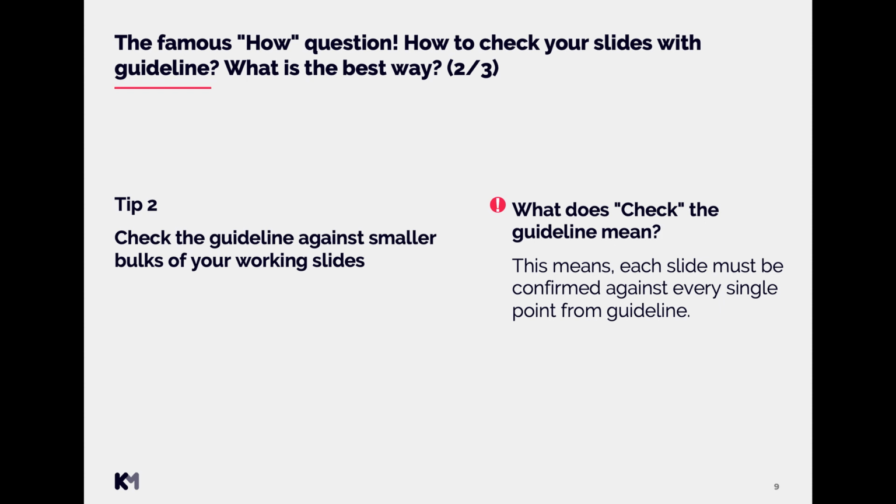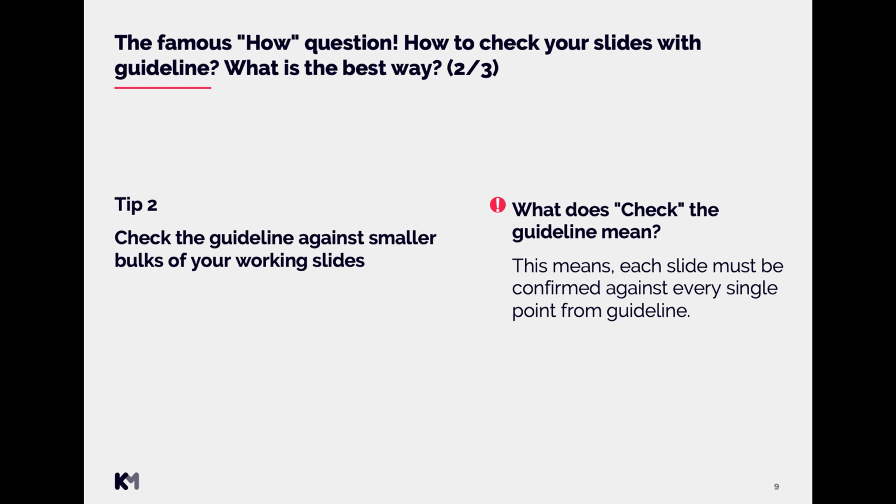And the second tip is to check the guideline per smaller bulk of your working slides. What it means is that you need to check the guideline every 2 to 3 slides you have worked on. Checking the guideline means each slide element must be confirmed against every single point from the guideline.